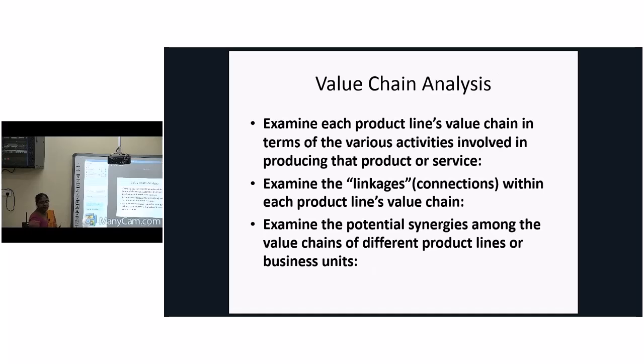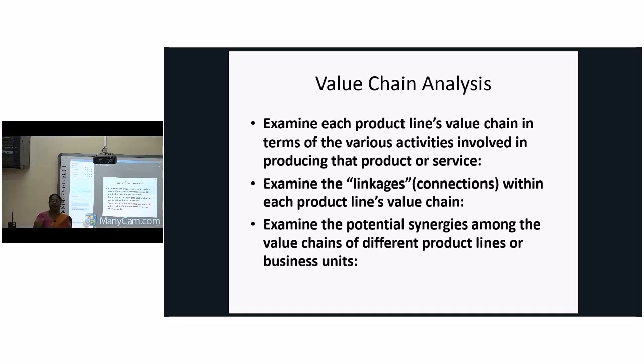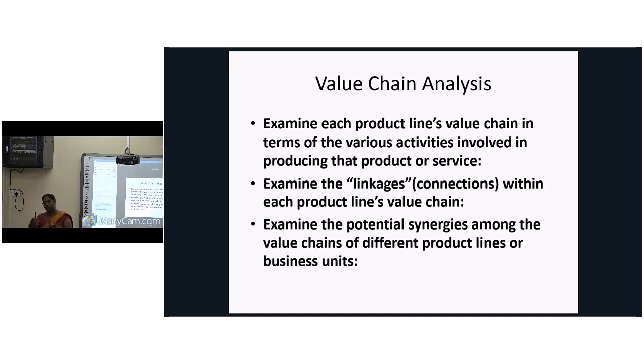Then value chain analysis examines each product line's value chain. You can draw your value chain for each product line. For example, for a university we can do a value chain analysis for the postgraduate students and for the undergraduate students.